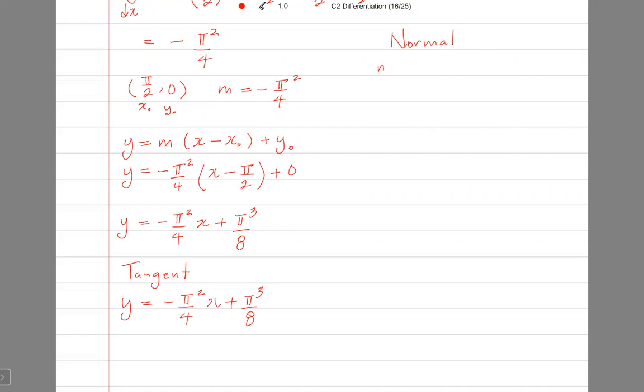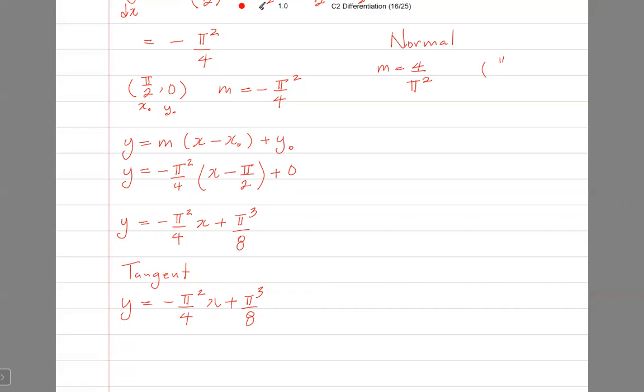First of all, the gradient of the normal would be equal to, I must invert the gradient of the tangent and change its sign. So it becomes 4 over pi squared. Pi squared over 4, invert that, it becomes 4 over pi squared, and you change the sign from negative to positive. The point of contact is also a point under the normal.